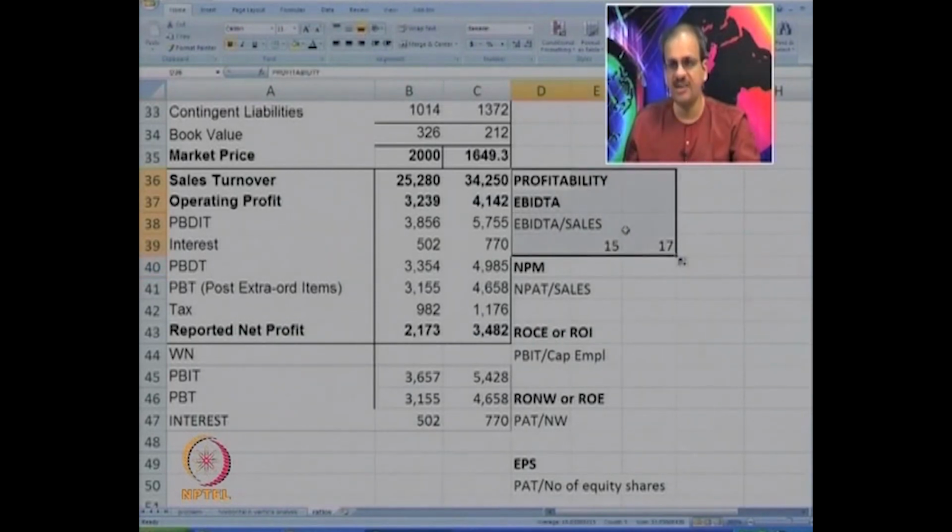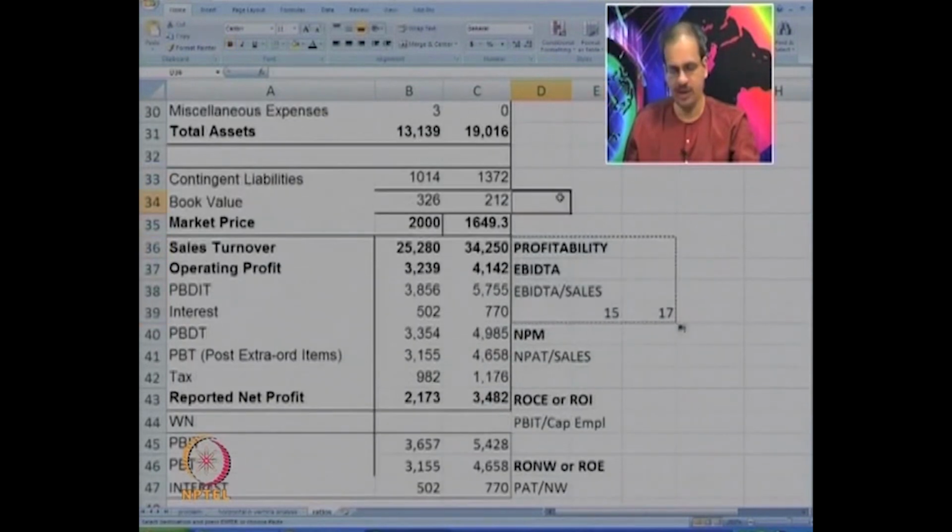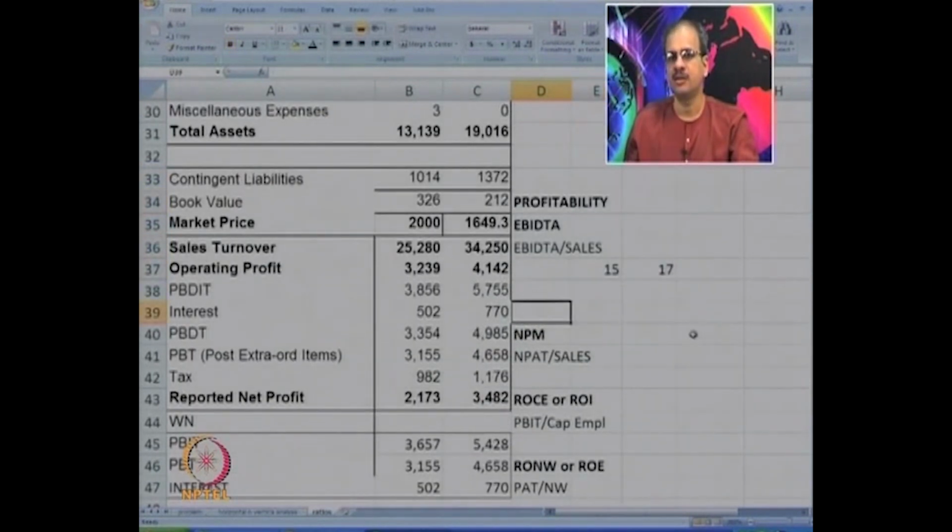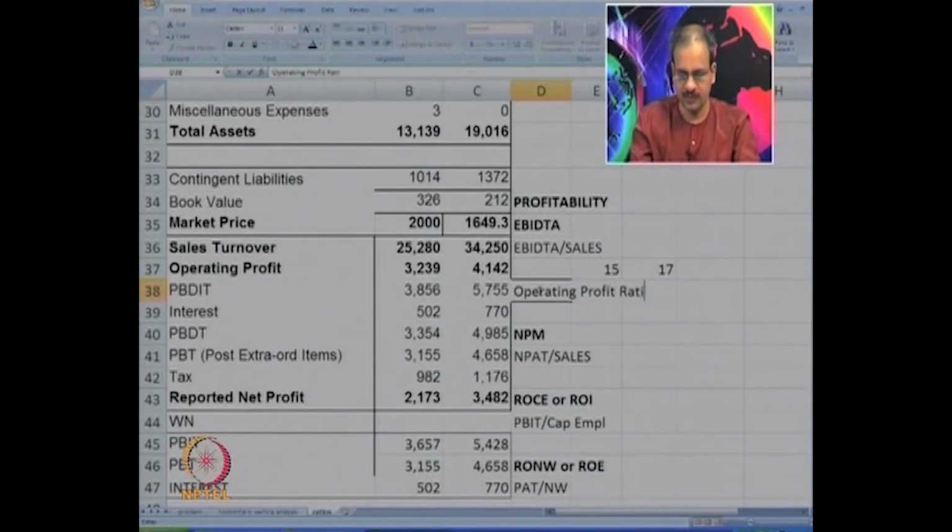I think we will slightly take it up, and we will also try to calculate operating profit. This is known as operating profit ratio, or sometimes also known as operating profit margin. So, you can say EBITDA margin for more clarity.